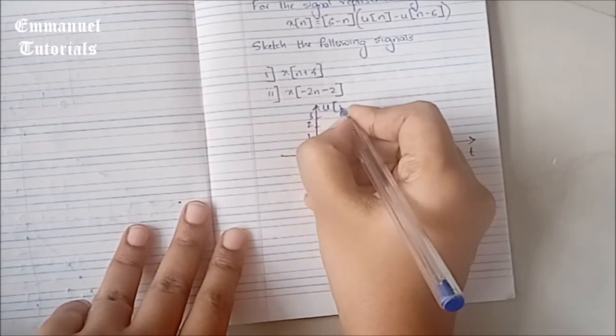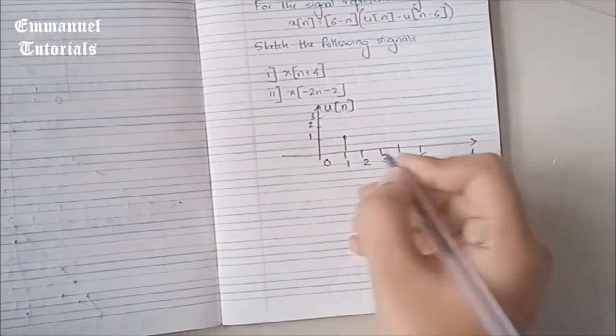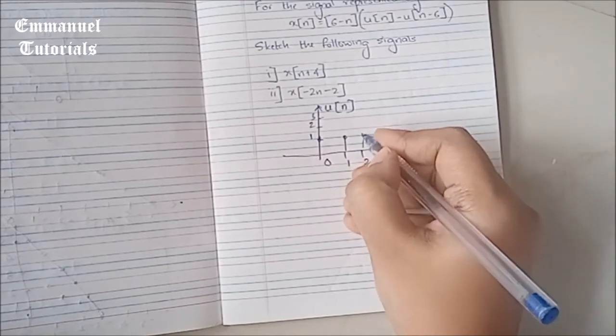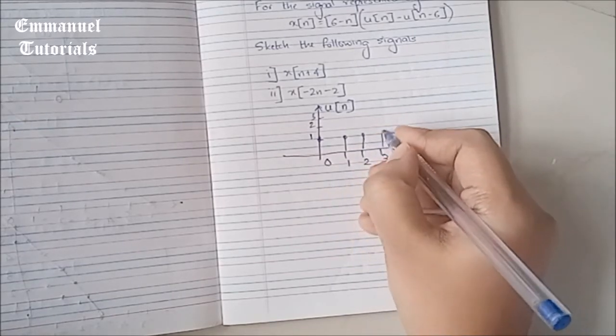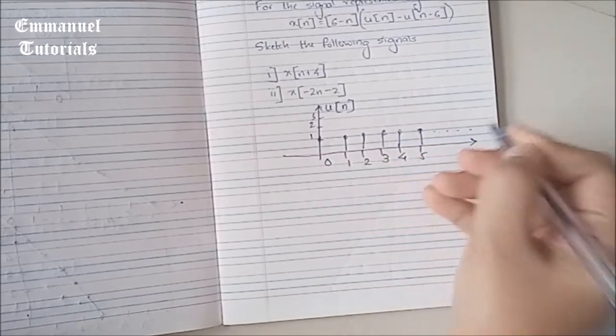U of n, amplitude is going to be constant at 0, 1, 2 and so on to 1. This is going to continue.